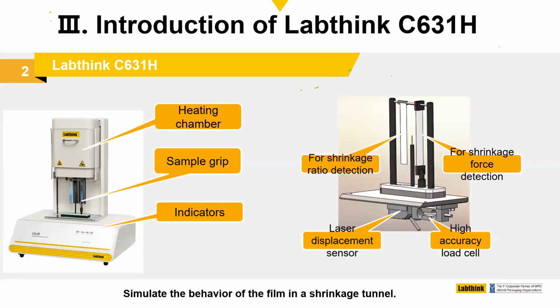And this consists of a heating chamber, two sample grips, the thermocouple, which monitors the temperature of the heated chamber, some indicator lights on the front which show you at which stage of the process the machine is operating at any time. And there are also some components which are not illustrated on the slide here.